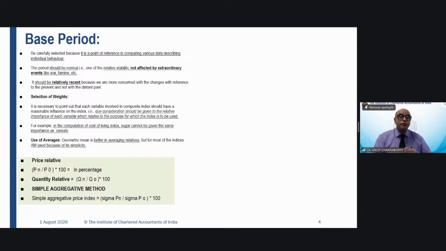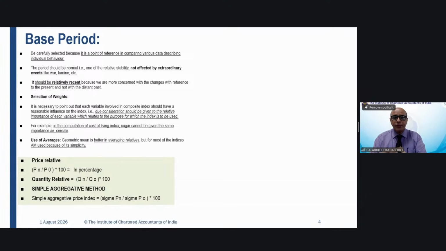So now we come to the simple aggregated price index. Here we can see sigma Pn divided by sigma P0 into 100. So sigma means summation.